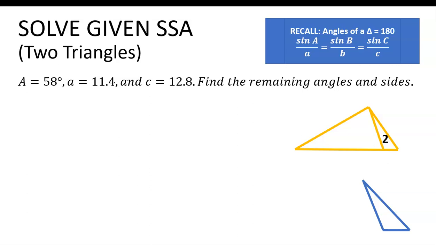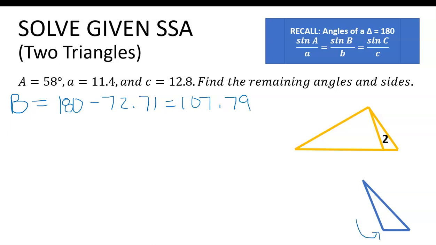I'm going to put the problem that we had from before, so you'll see where that obtuse angle comes in. The 180 minus the 72.71, and that was 107.79, which is here. You'll see that obtuse angle right here.